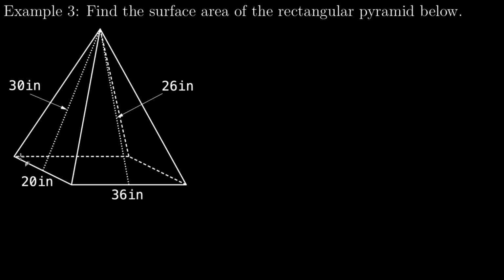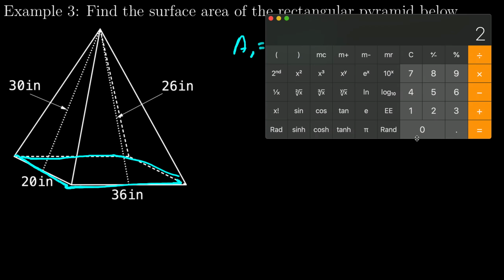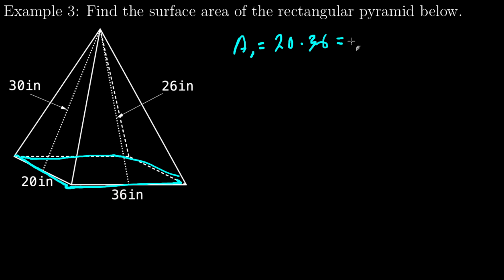Okay, let's dive in. So the base of the rectangle is 20 wide, 36 long. So the first area is 20 times 36. That should be 720, but let me double check that. So 20 times 36 is 720.